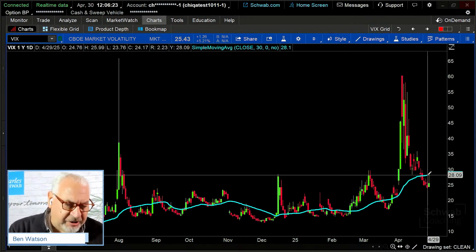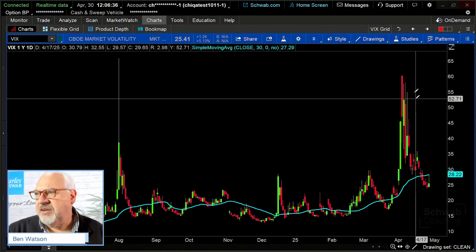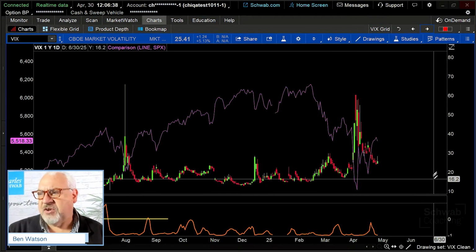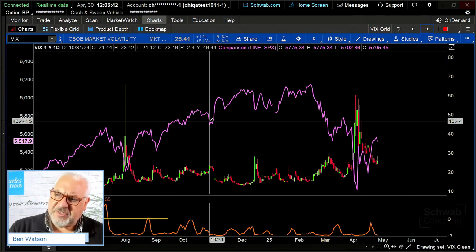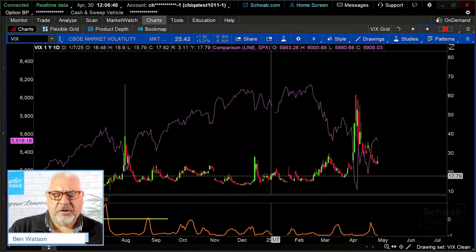Yes, implied volatility is directly correlated to option premium. When implied volatility is high, option premiums generally are higher. It is inversely correlated oftentimes with the S&P 500. The purple line here is the S&P 500. The candlesticks are the VIX.